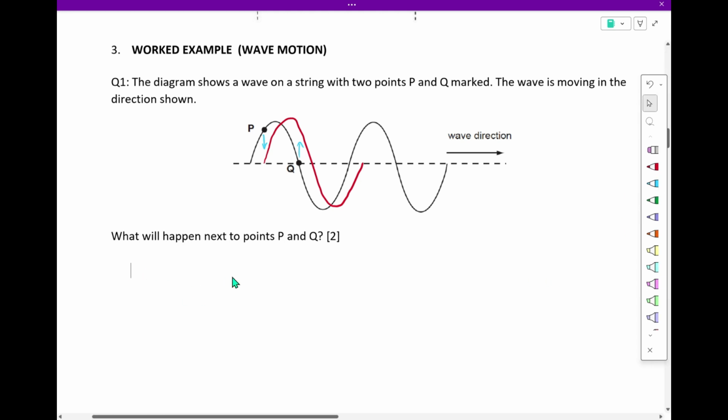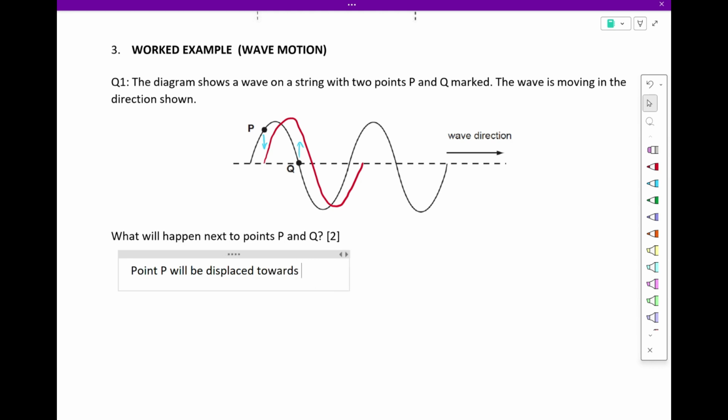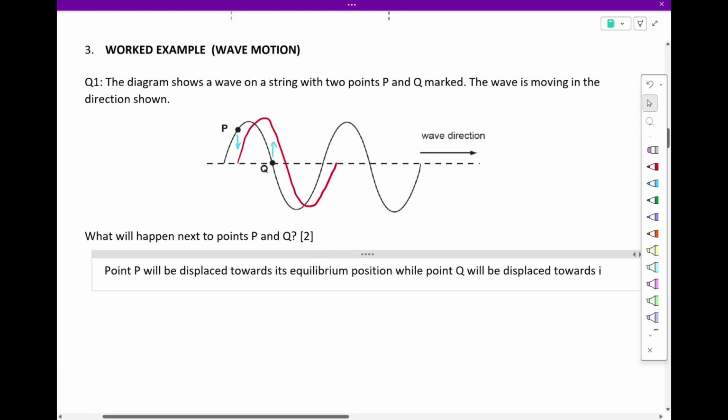We will just say that point P will be displaced towards its equilibrium position, while point Q will be displaced towards its positive maximum displacement.